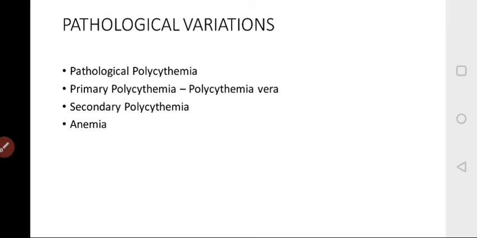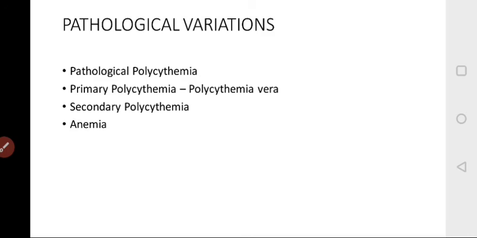Now we will see secondary polycythemia. This is secondary to some pathological conditions. The pathological conditions are: number 1, respiratory disorders like emphysema. Second, congenital heart disease. Next, chronic carbon monoxide poisoning.